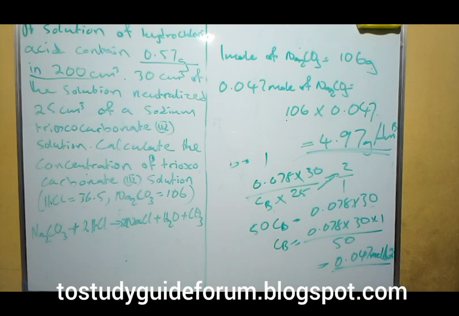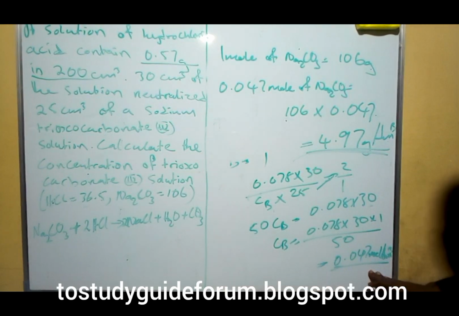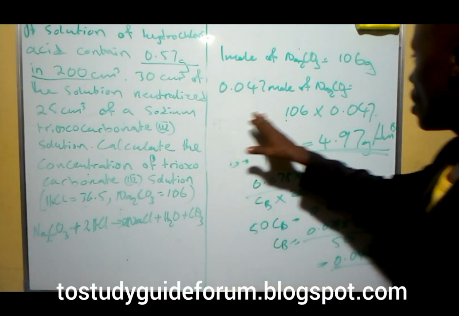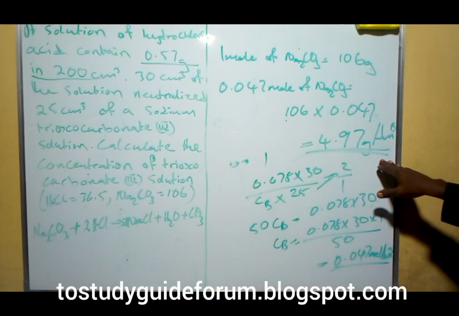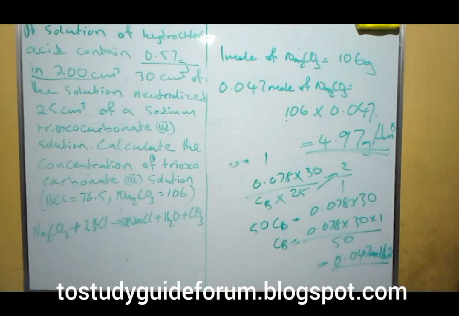That's the mass concentration of this trioxocarbonate. So we have the concentration in mole per dm cube, and we are also able to get the mass concentration, which is 4.97 gram per dm cube.